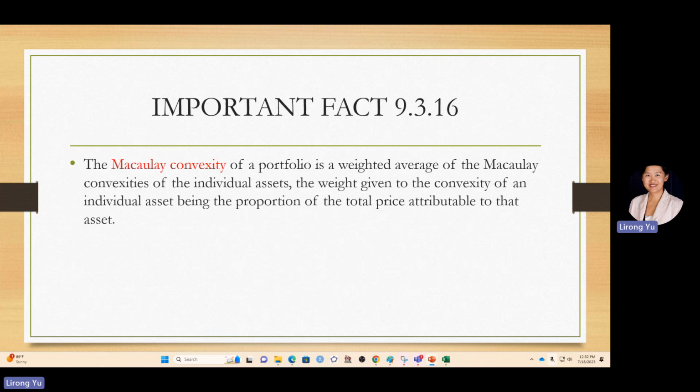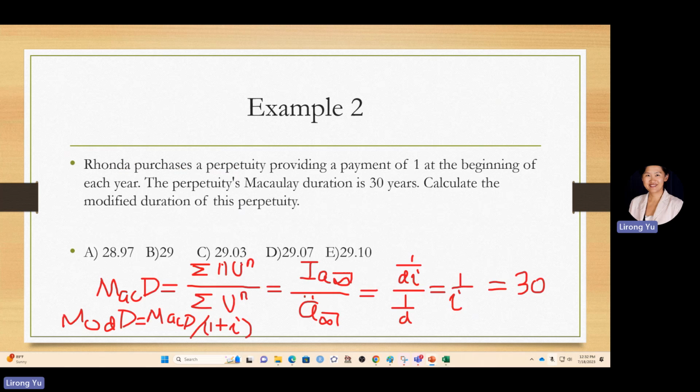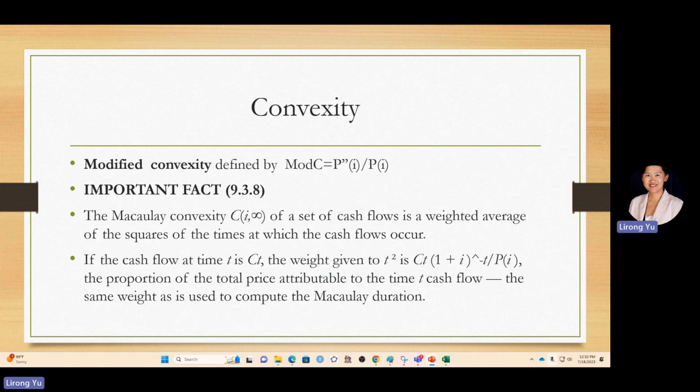The example in here, one thing we did not talk about more is the convexity. The modified convexity equals the second derivative of the price function divided by the price function. So Macaulay convexity C(i) of a set of cash flows is a weighted average of the square of the time at which the cash flows occur.